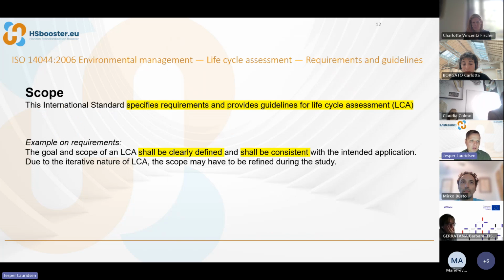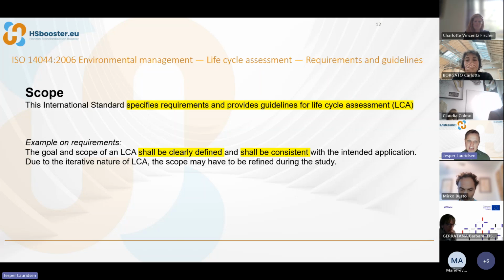So if we look at 14044, which has the requirements, it actually has the same scope as you saw in 14040, but it also has requirements, and it says the goals and scope of an LCA shall be clearly defined.